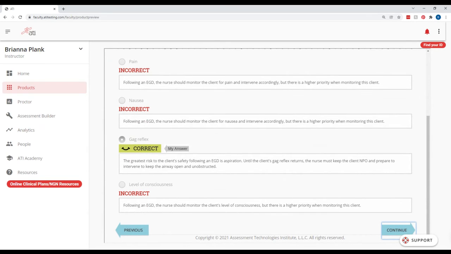We're going to numb the throat so that we can pass the scope down. Whenever we numb the throat, it's possible that the gag reflex is not present yet as they're waking up. So we want them to be able to protect their airway and not aspirate any secretions. Our biggest priority is making sure that gag reflex is back. And if it's not, then we're going to treat them accordingly. We will address their pain. We will address their nausea. Level of consciousness, yeah, but I'm more concerned about their gag.